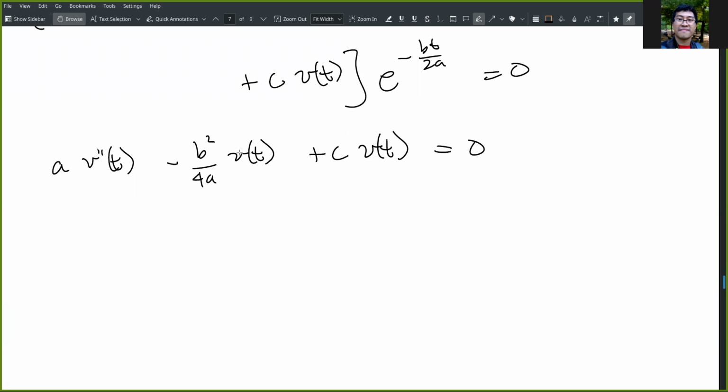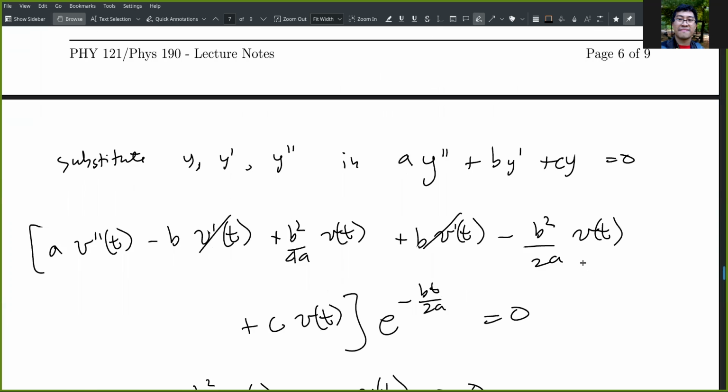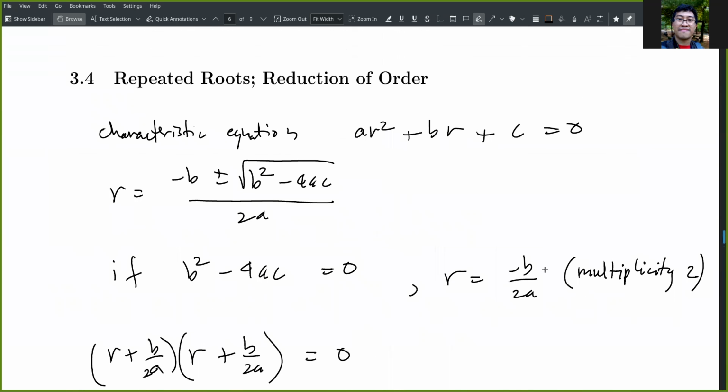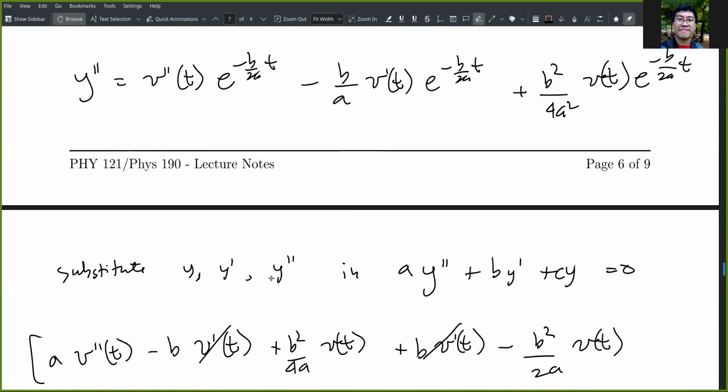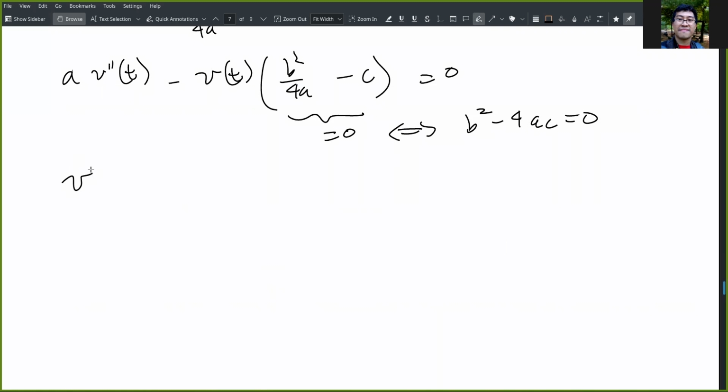Here, 1/4 minus 1/2 is negative 1/4. So the v(t) can be factored out: v(t) times (b squared over 4a minus c) equals 0. But this is equal to 0 because we use the special case b squared minus 4ac equals 0 that we mentioned here. So we are left with v double prime equals 0.